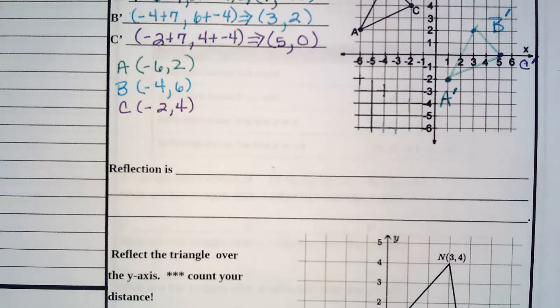But the important thing to remember is, if you connect a point with its image, a pre-image point with its image, that segment is perpendicular, and the line of reflection is a perpendicular bisector to that segment.